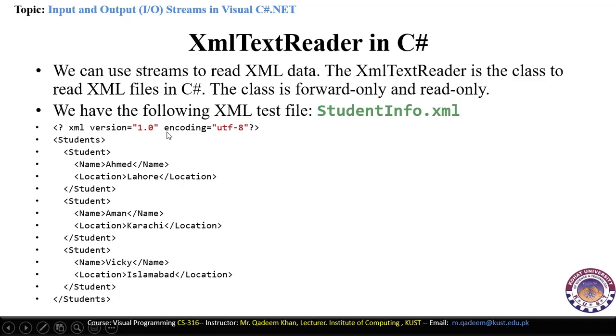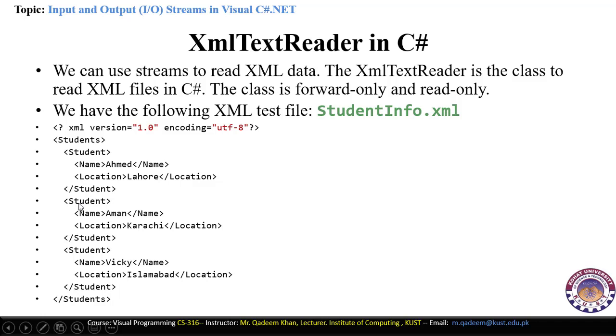Version 1.0, encoding is UTF-8, which is Unicode Transformation Format 8. Here the student tag starts. Student, name tag Ahmad, name close, location start Lahore, location close, and student close.